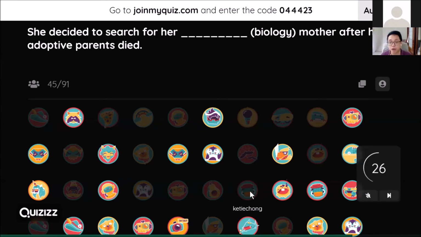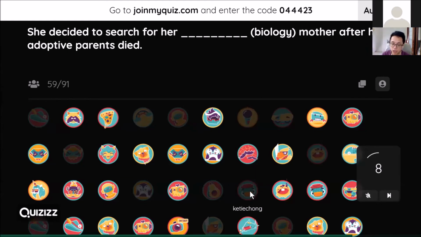So this one is a very common pattern. Not all words are like this, but a lot of words. Like for example, chemistry, you change to chemical. Physics, you change to physical. Biology, you change to biological. Physiology, physiological. Psychology, psychological. Okay? A lot of words. Philosophy, philosophical.